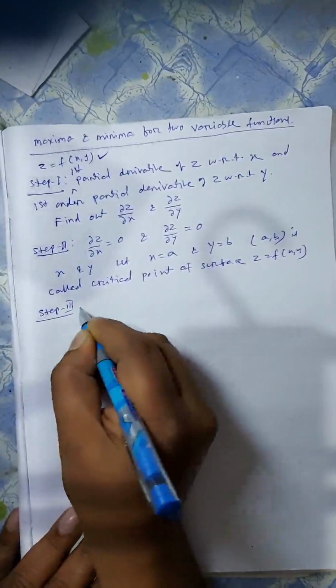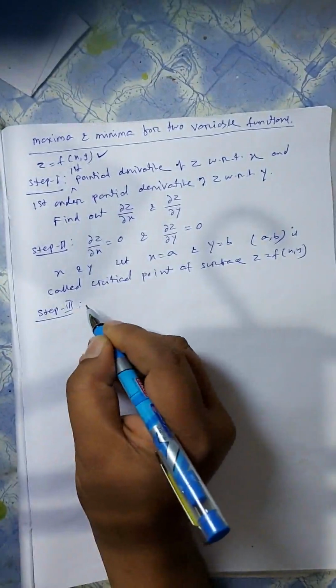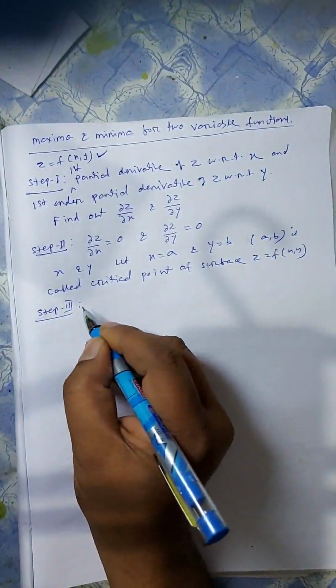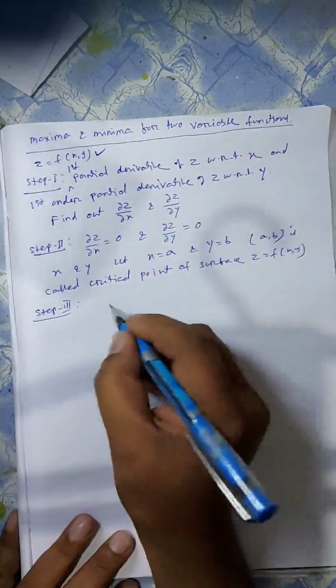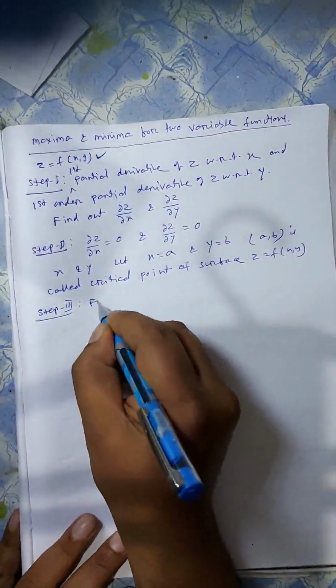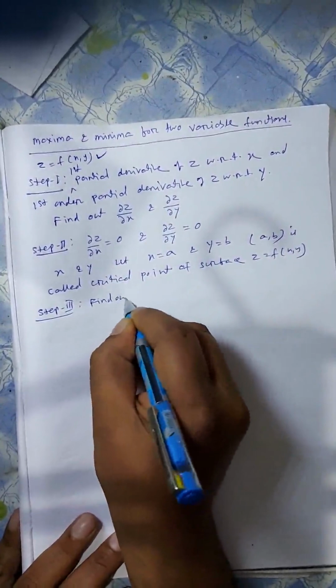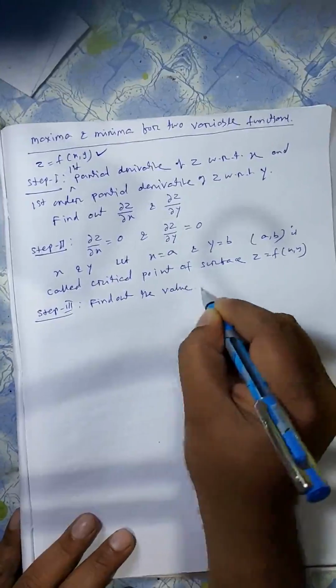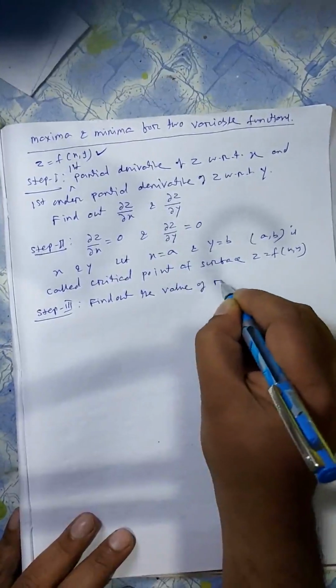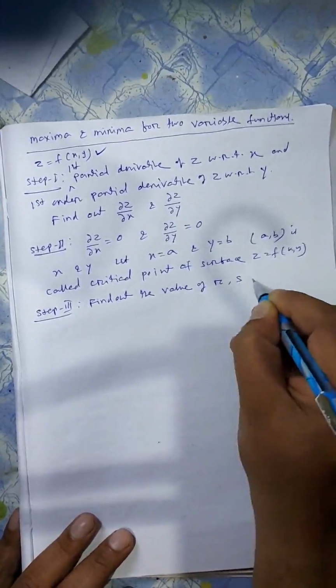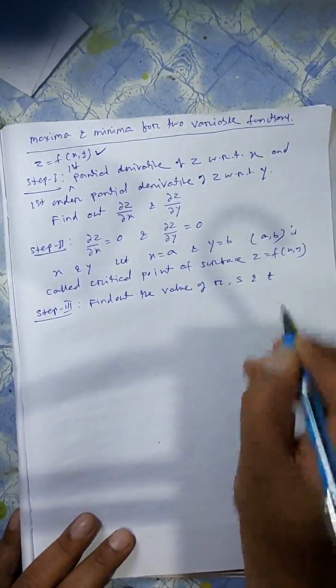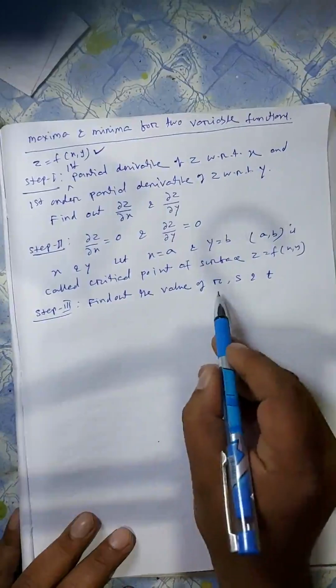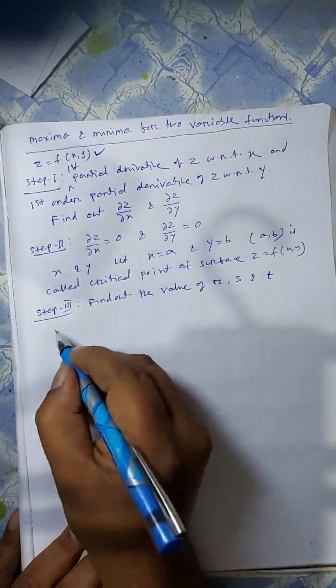In this step 3, we have to find the value of R, S and T. We have to find the value of these three factors.